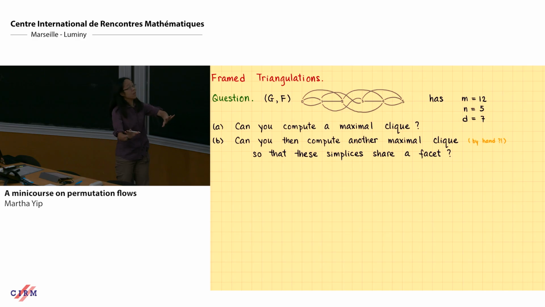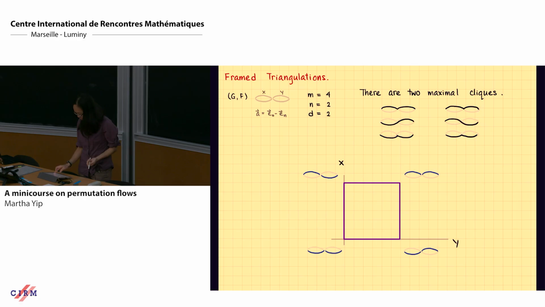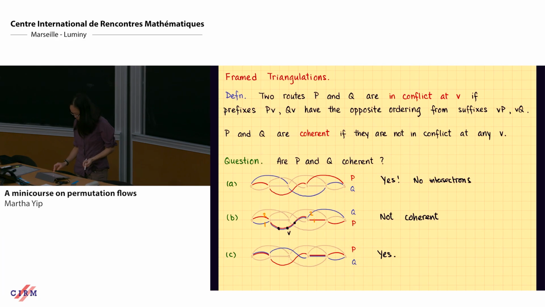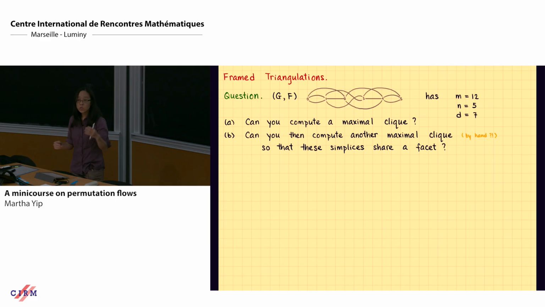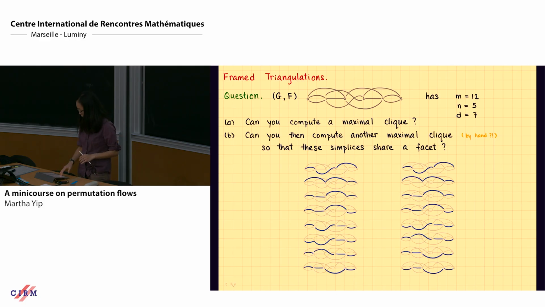Okay, I'm not actually expecting you to do this right now because that's crazy. For just coming up with a clique, you will have to come up with 8 routes which are coherent. And when we did this exercise, it's not so easy to figure out when 2 routes are coherent even when I give it to you. It's even harder when you just start from nothing and try to create some clique so that every pair of routes is pairwise coherent.